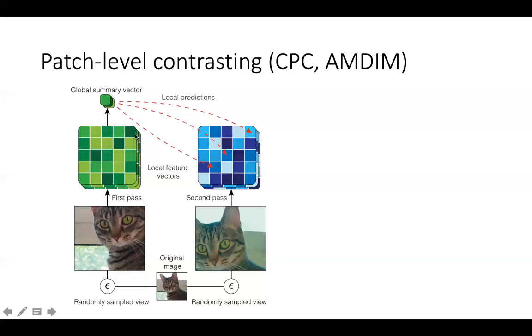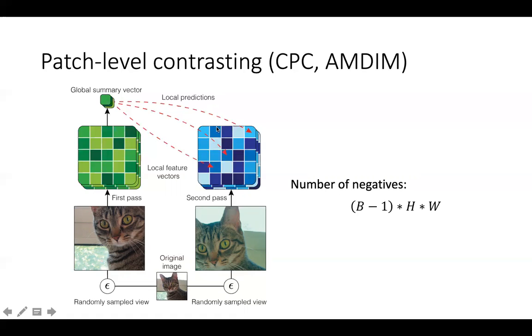What they do is they use the global feature for the left image as the first view. And for the second view, they don't use the global feature. Instead, they use a lot of local features. So in that case, you can really have a lot of positive pairs and a lot of negative pairs, even though your batch size is small.